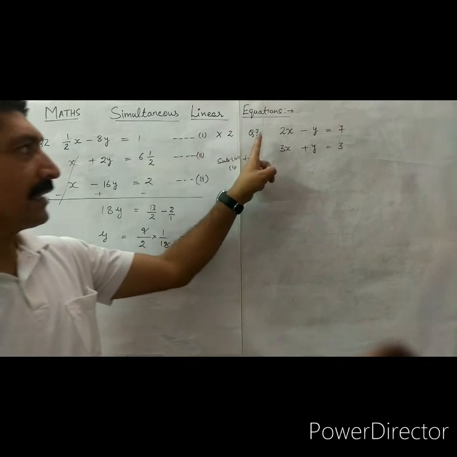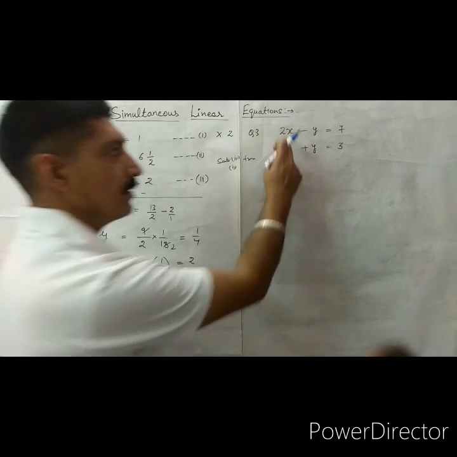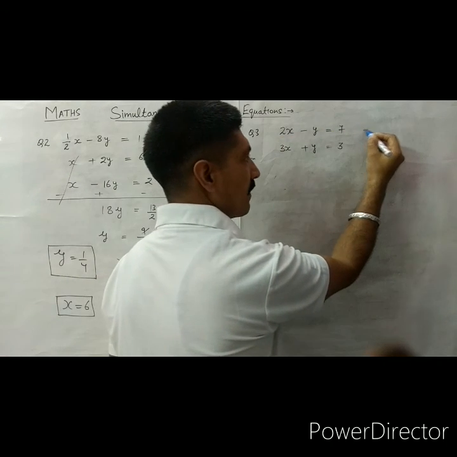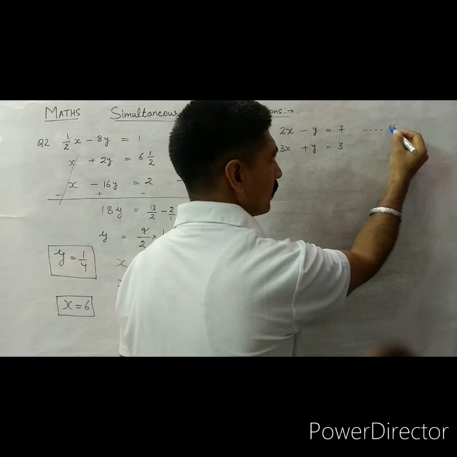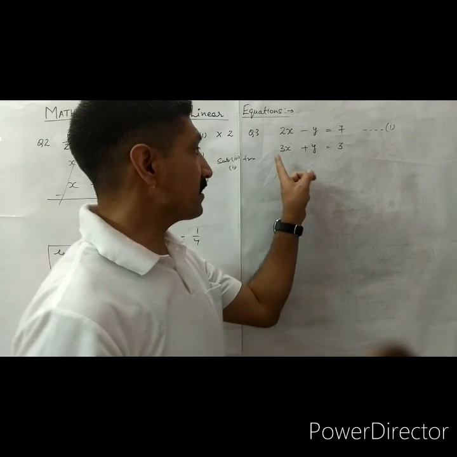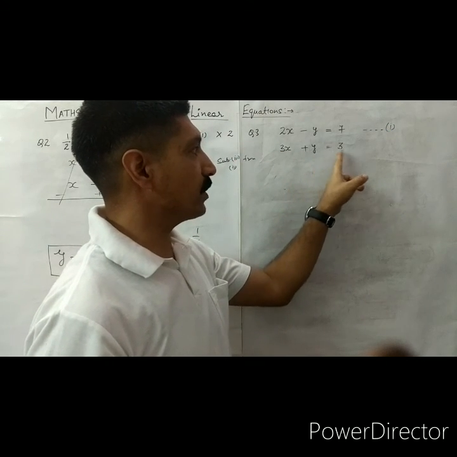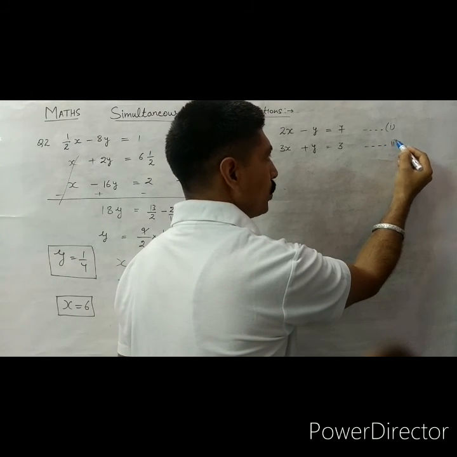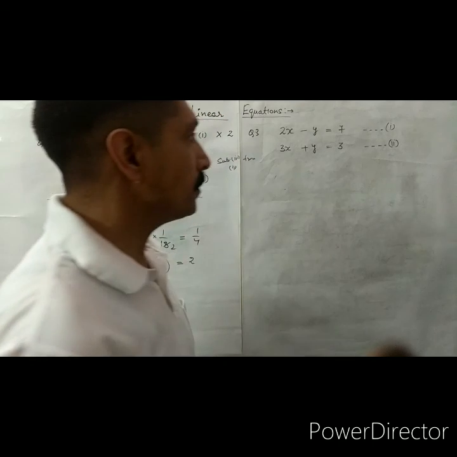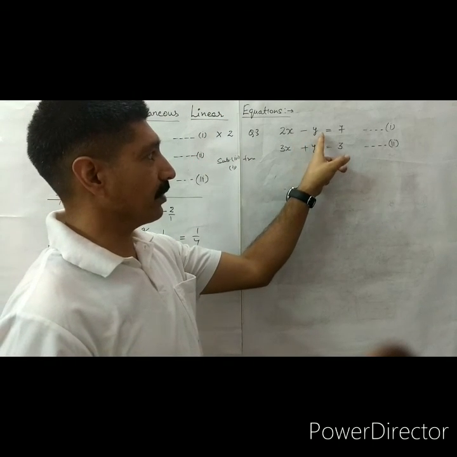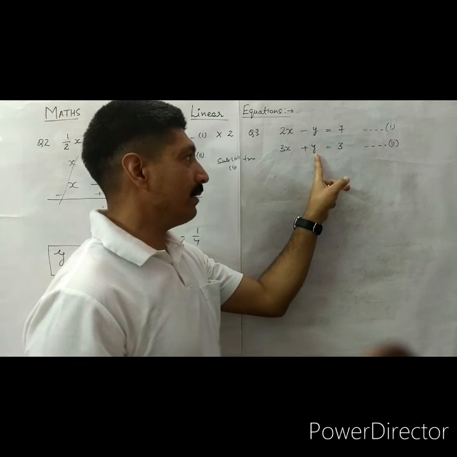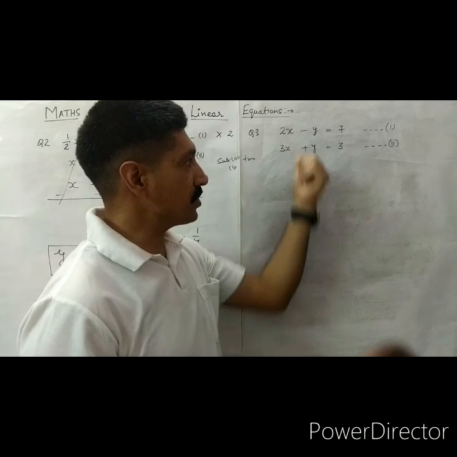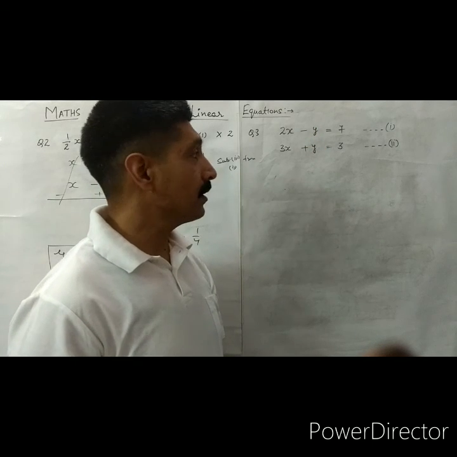Similarly, question number 3 here. Let 2x minus y is equal to 7 be equation number 1, and 3x plus y is equal to 3 be equation number 2 here. So here the coefficients of y and y are both the same, 1.